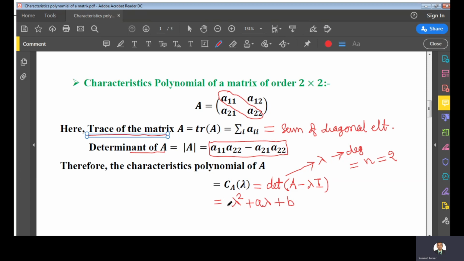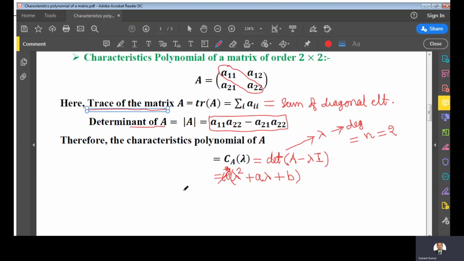Because of the lambda, it will multiply by minus 1 to the power n, but that is no problem. In general we take the monic polynomial because this is not going to affect our eigenvalues.